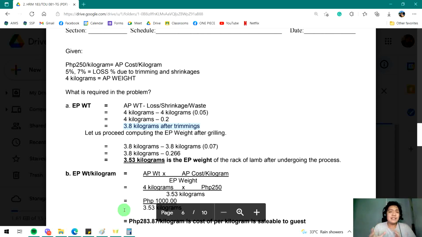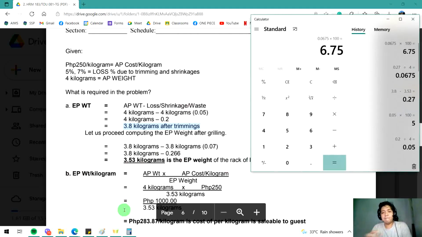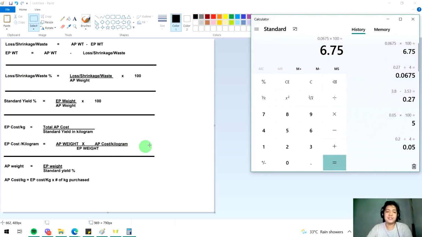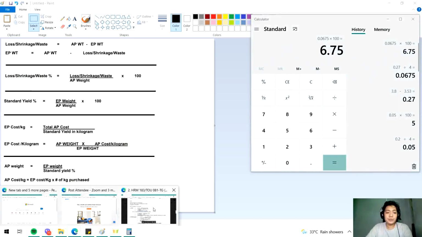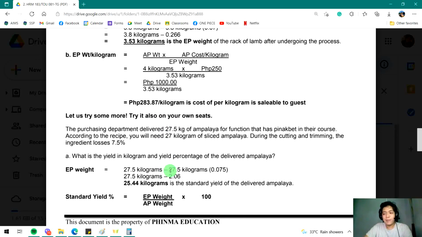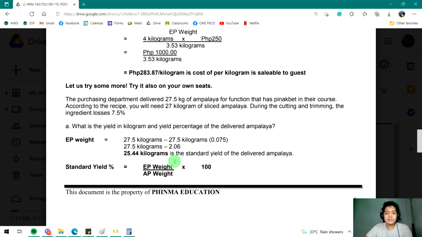So, yun yung given talaga. So, what we are really usually looking for is for the loss, wastage, and shrinkage. So, yun. Ganoon lang kasimple ang pag-compute ng loss, shrinkage, and waste percentage. And I hope you understand yung nangyaring computation natin. Alright.